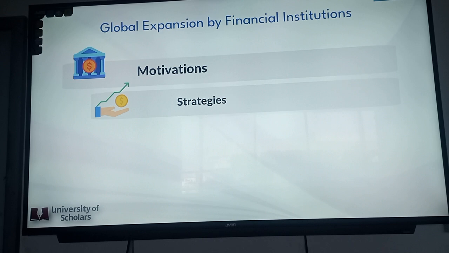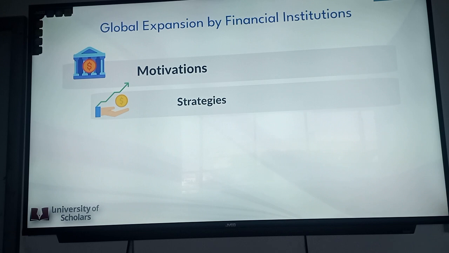We can also go for joint ventures, forming partnerships with local firms to share both risks and rewards, so that we won't be tied up in a new setting with much risk that we didn't anticipate. Another strategy can be greenfield investments, which means we need to establish our new branches and subsidiaries from the ground up, from scratch.